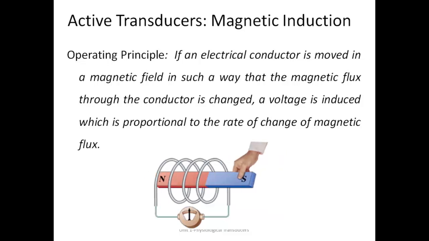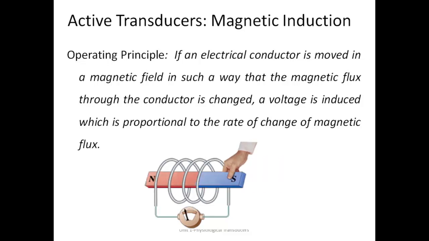You can see that over here we are not giving any additional current to it. There's no battery attached. Only the physical movement of the magnet in the vicinity of an electrical conductor is giving rise to a voltage which is proportional to the change in the magnetic flux, right?